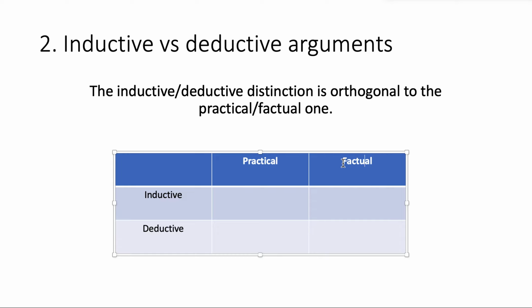So understand the distinction between those, but then at the same time, you can leave that behind and just know that we're going to be focusing on factual arguments for the most part of this course. So the examples of inductive and deductive arguments that I'm going to give us are examples of factual inductive and deductive arguments.